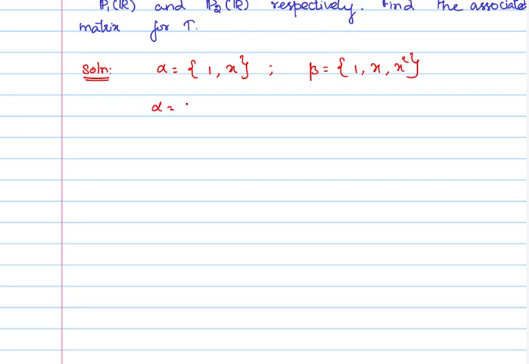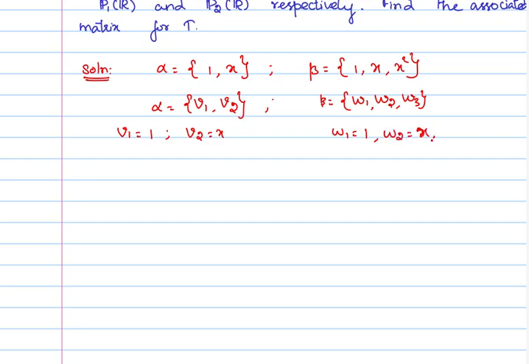So alpha we take as V1, V2, and beta as W1, W2, W3. Clearly V1 is 1, V2 is X. Similarly, W1 is 1, W2 is X and W3 is X square.